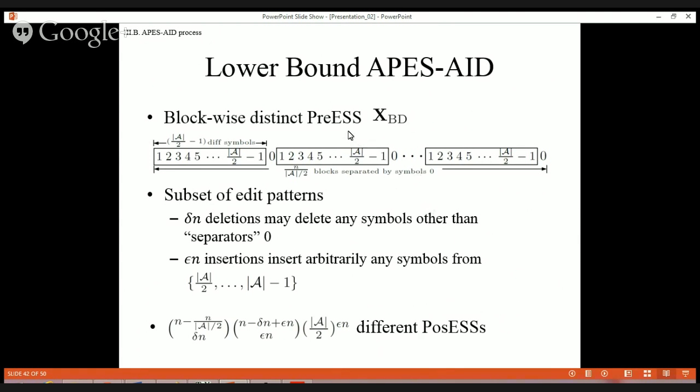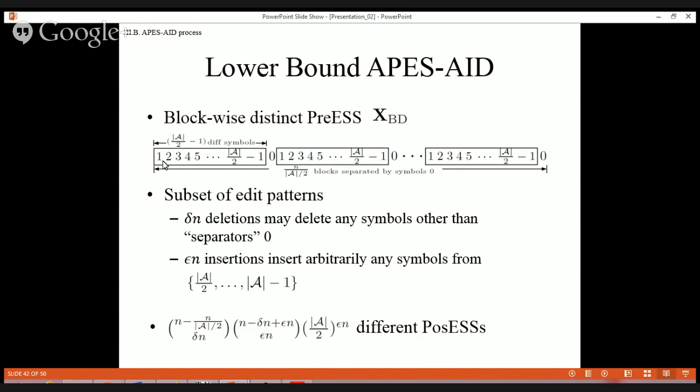So to find the lower bound for the arbitrary model, we construct a pre-added source sequence, which we call the block-wise distinct pre-added source sequence. In each block, the block length is A/2, where A is the alphabet size.